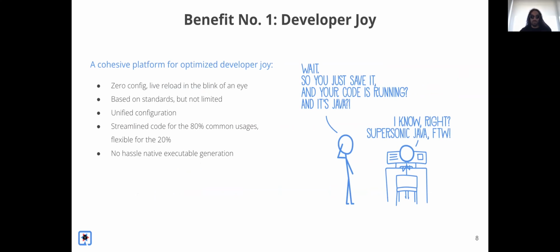On developer joy, you have zero config and reload time. The idea is that you don't have to configure your app. We'll try to come up with sensible defaults for you, so you have minimal configuration. You have our live reloading feature, which is some of the things that people love the most.